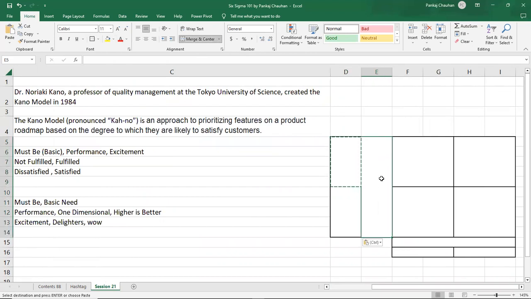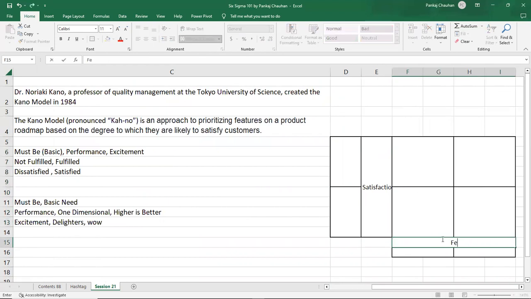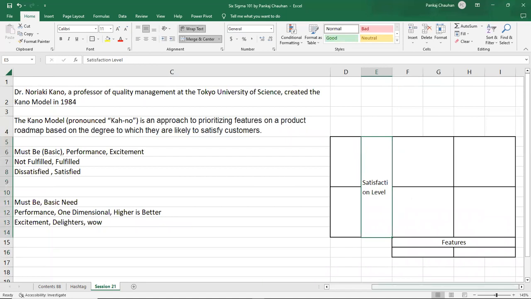So let's say these are the satisfaction levels. And here are your features, not fulfilled and fulfilled, just marking it as binary. Satisfaction level, satisfied and not satisfied.